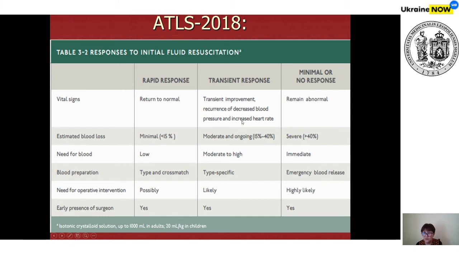Minimal or no response. If after fluid bolus vital signs remain abnormal, in these cases blood loss may be severe, more than 40%, and there is immediate need for blood preparations and emergency blood release, and surgery, operative intervention, is highly likely needed, and a surgeon is needed.